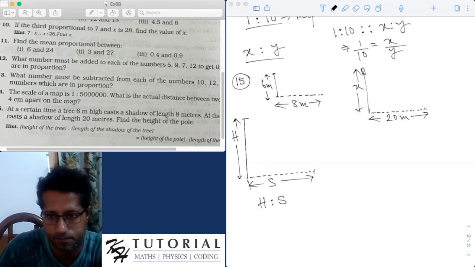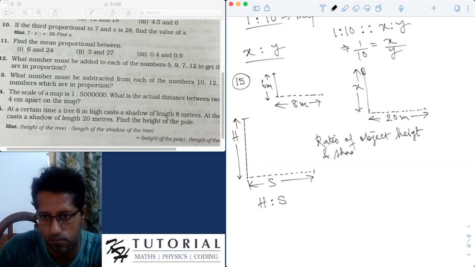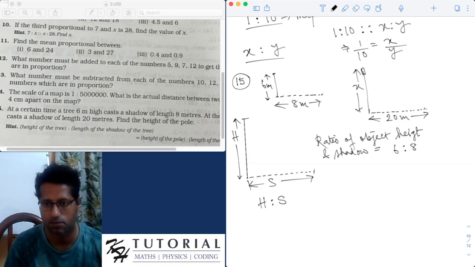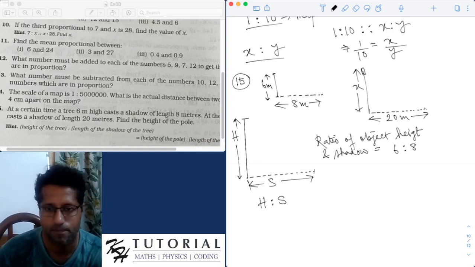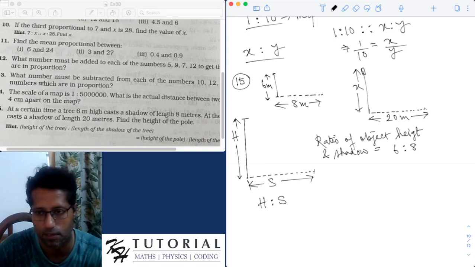The ratio of object height to shadow is 6:8, because the height of the tree is 6 meters and its shadow is 8 meters. So the ratio of any object of height h and its shadow of length s will always be 6:8 at the same time.